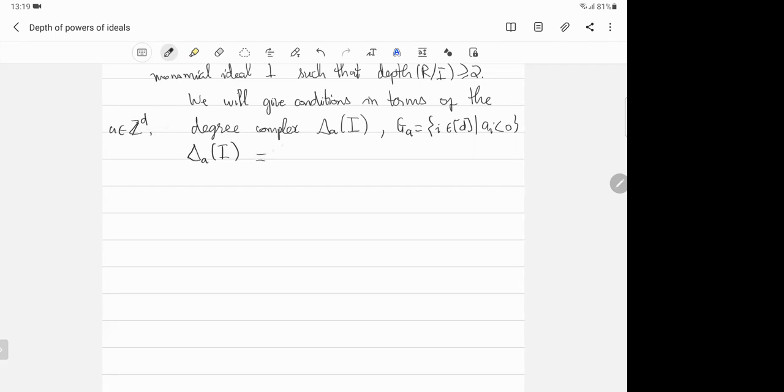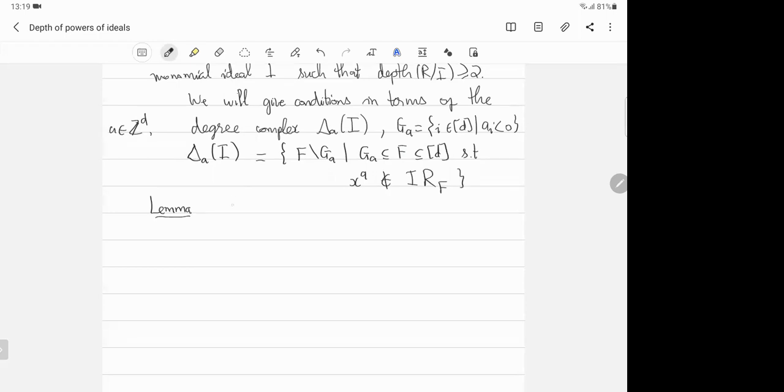And so the faces of this form, F minus G_A, where F is a subset of D containing G_A, such that x to the power A is not contained in I localized at F. And last time I told you that it is very easy to prove that.